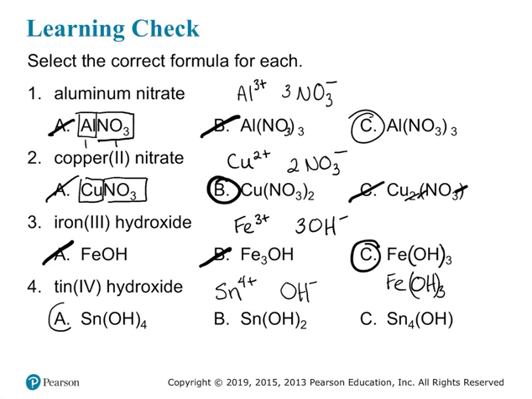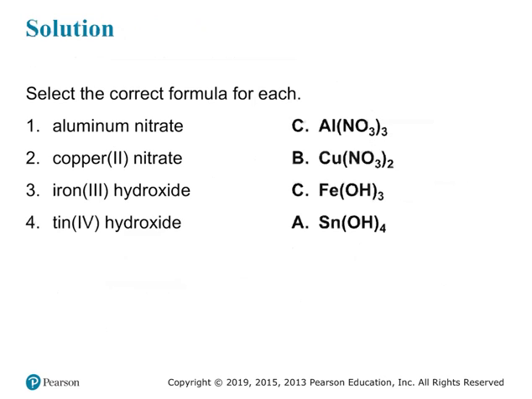So it would be A, because we need 4 hydroxide ions to balance out the charge on tin. And the only option with 4 hydroxide ions is A. All right. And here are the answers if you need those later.